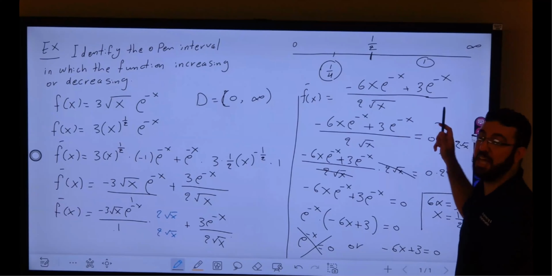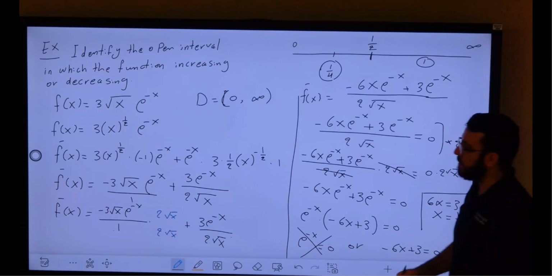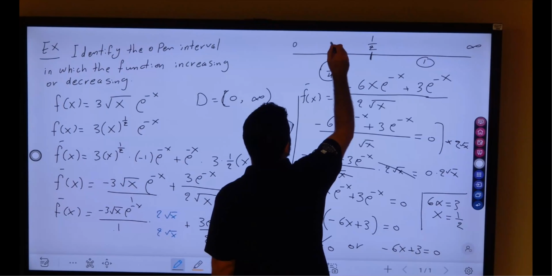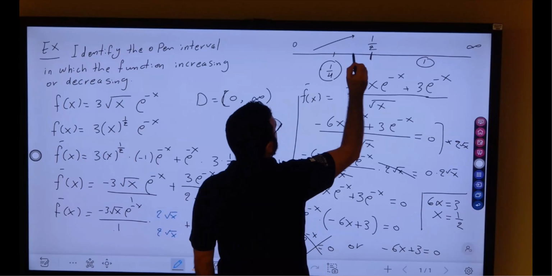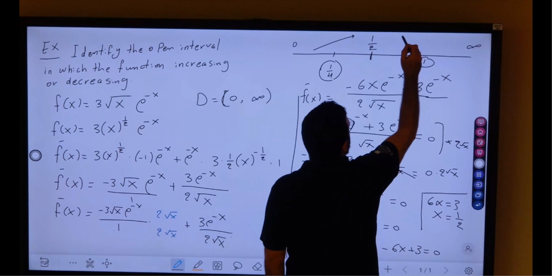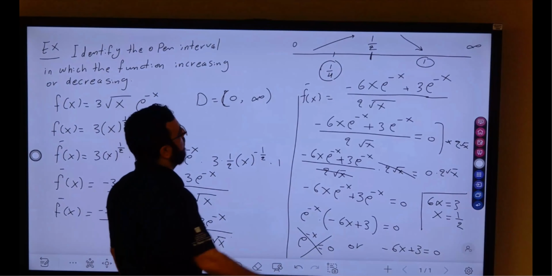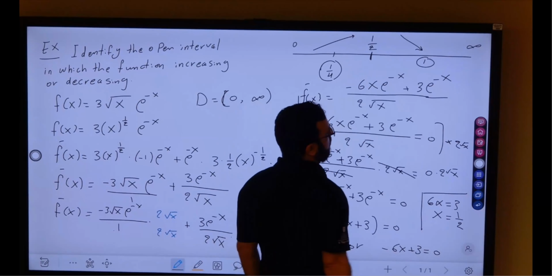Okay, that's important because you have to look for the derivative, which is here. How much did you get? What did you get here? I got positive. That means this one is increasing. This one is what? Negative. That's going to be from 0 to half, it's increasing. From half to infinity is going to be decreasing.